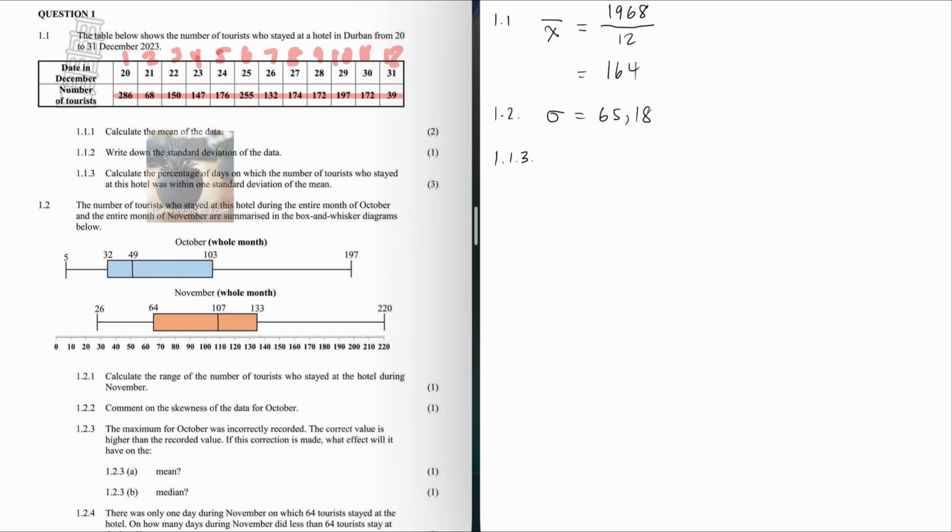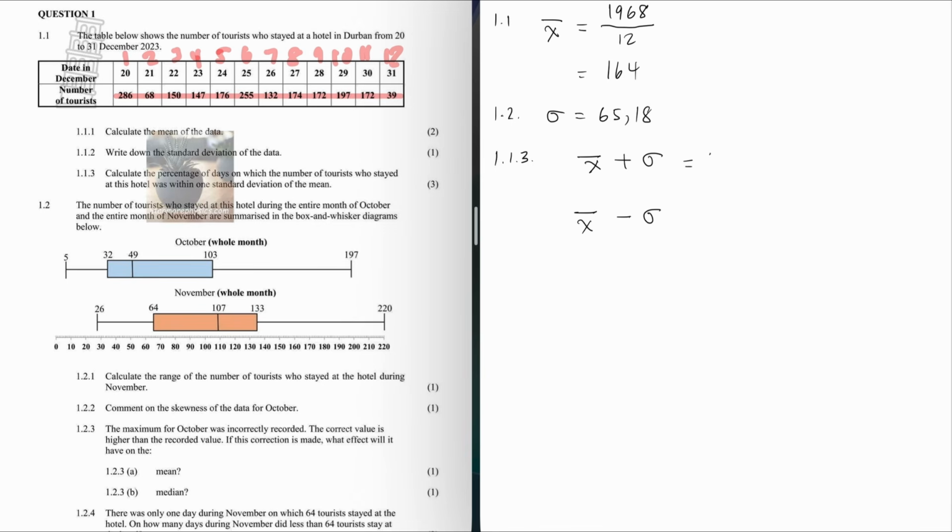Question 1.1.3, calculate the percentage of days on which the number of tourists who stayed at this hotel was within one standard deviation of the mean. So what we need to do here is first figure out what the range is going to be. It says within one standard deviation, so we're going to say the mean plus the standard deviation, and then the mean minus the standard deviation.